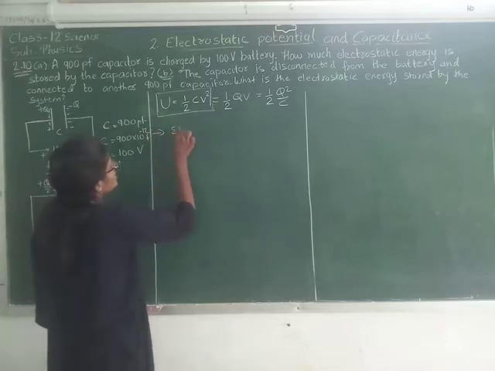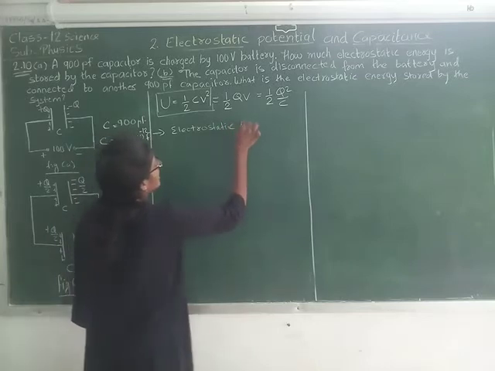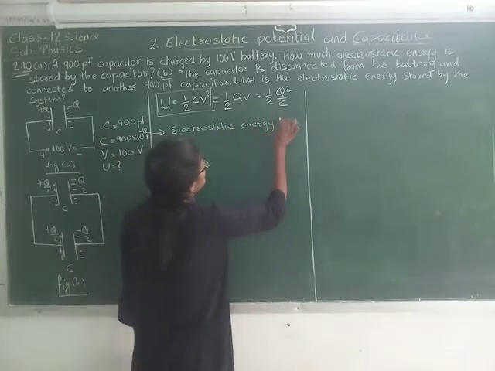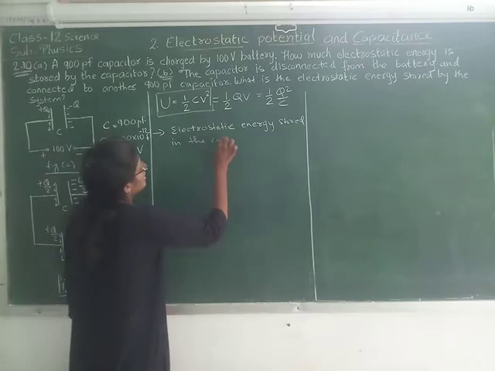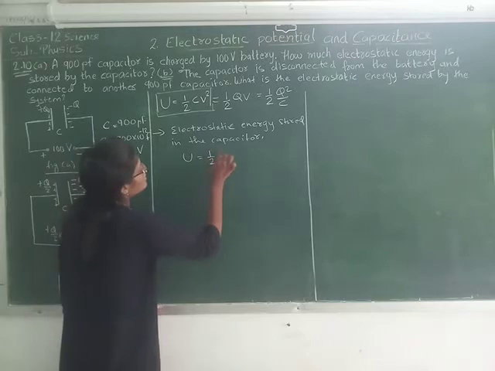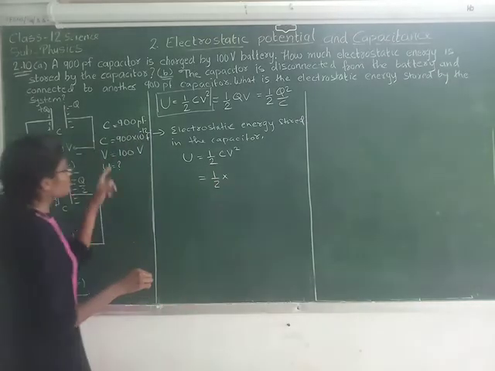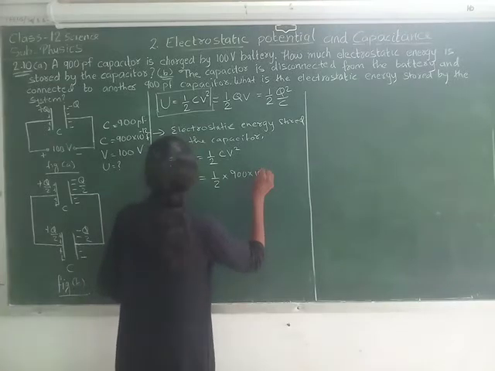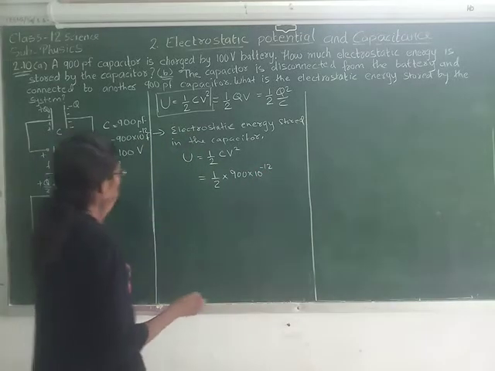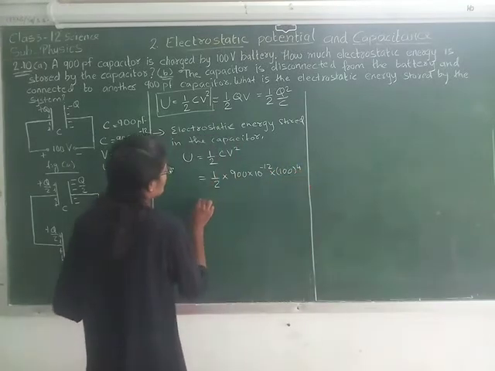Thus, the electrostatic energy stored in the capacitor, that is U equals half CV square, right? Here, half into capacitance value 900 into 10 raised to minus 12 into V square, that is 100 raised to 4, right?